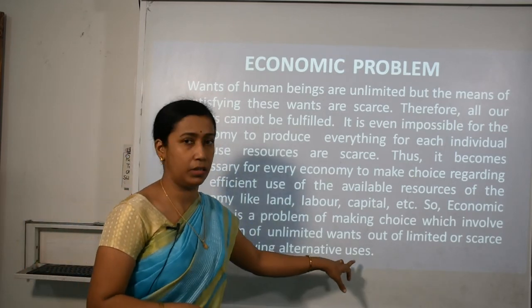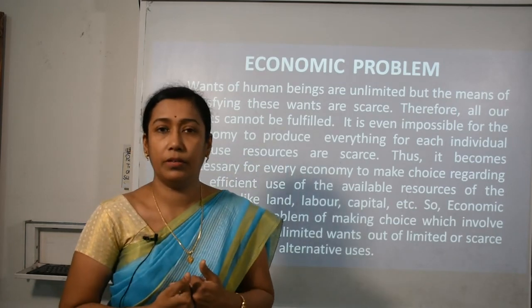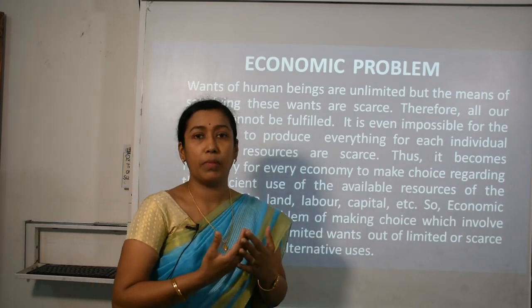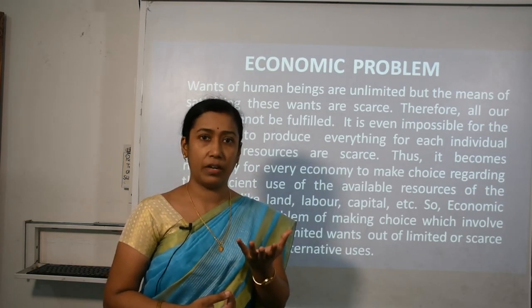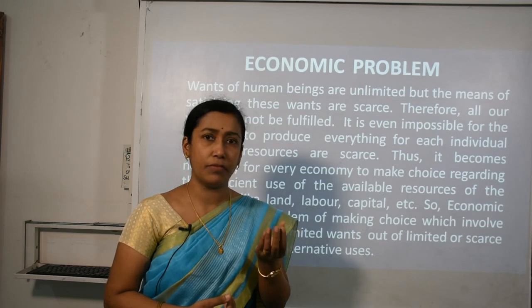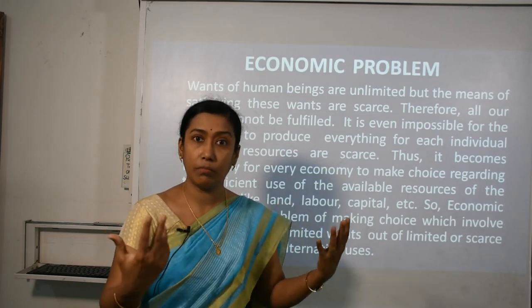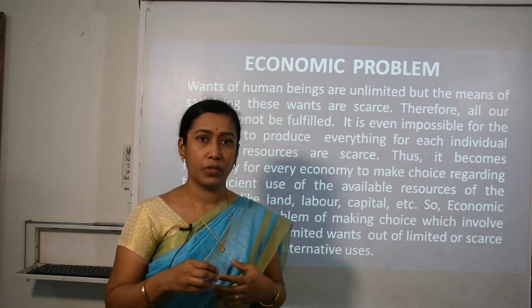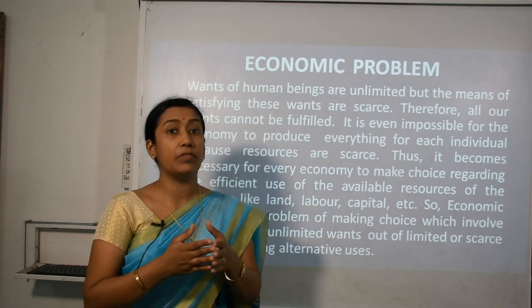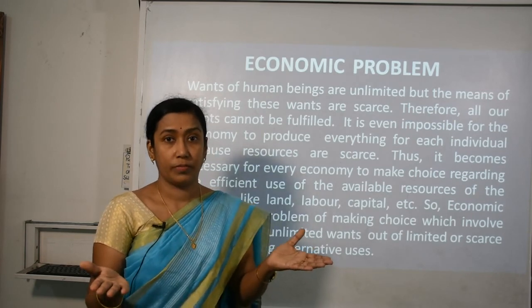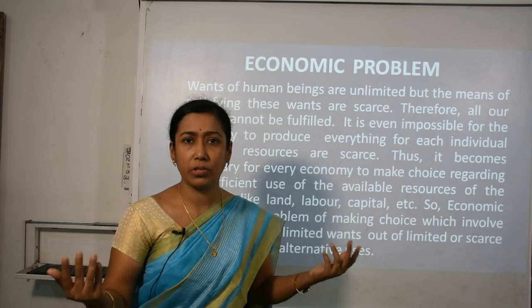Now this word, alternative uses, means that if I want to satisfy my maximum wants, but the means to satisfy my needs are limited, that is, I have a small amount of money available with me and I need to satisfy all my needs, then all these resources which I am utilizing can have an alternate use. Alternate means it has many uses.